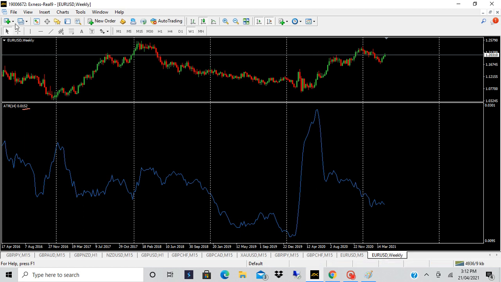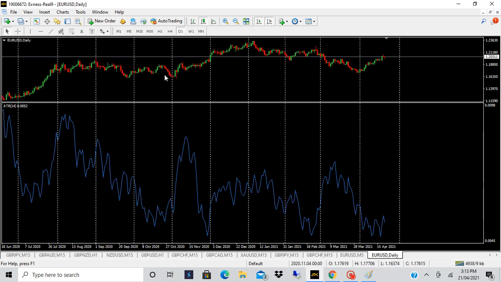On a weekly basis, the Euro USD has moved an estimated value of 102 pips for the past 14 weeks. If I go to the daily, for the past 14 days, the Euro USD has moved an estimated 52 pips each trading day.